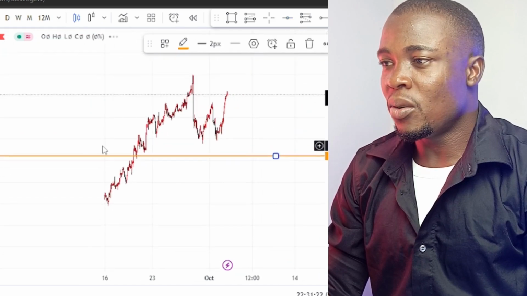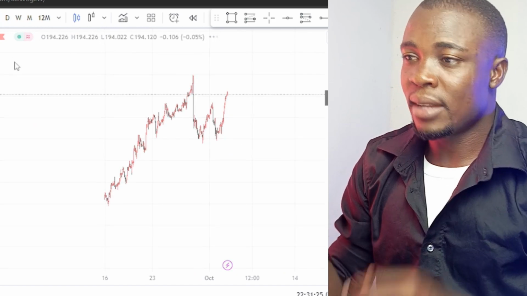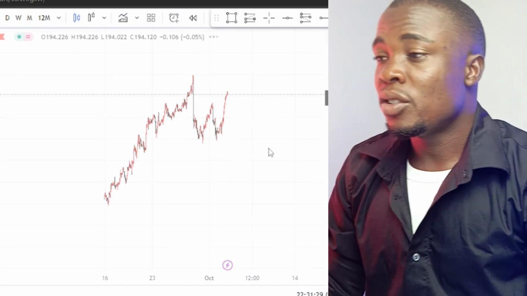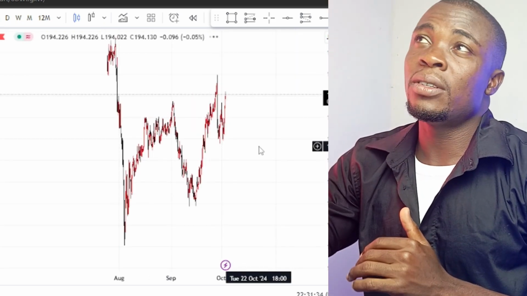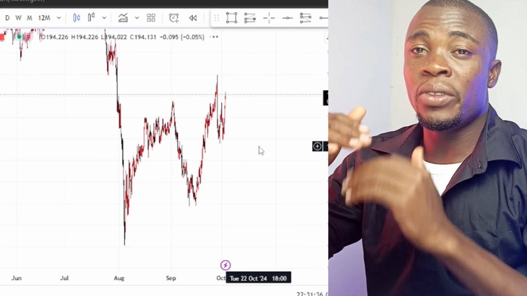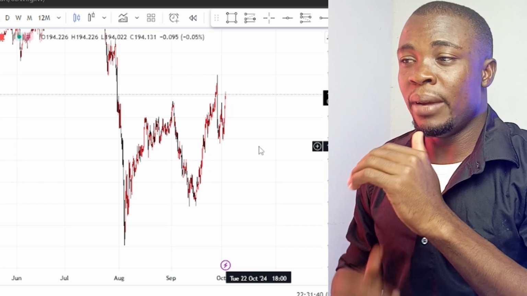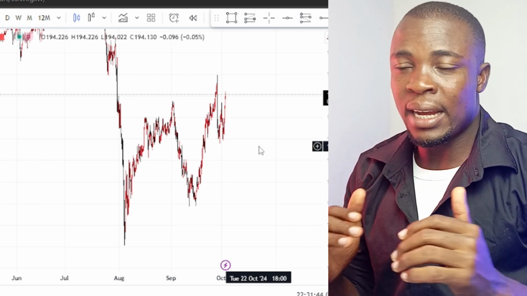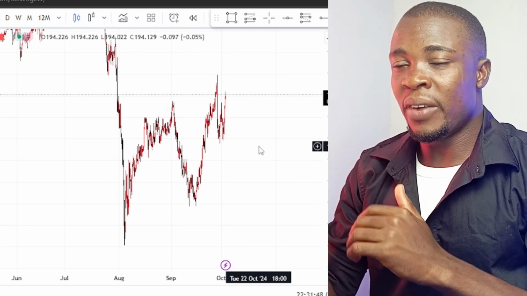I think I prefer 4 hours. You put two horizontal lines above the current market price, and then probably two again below it. Where you place these horizontal lines is at the tip of every reversal point.